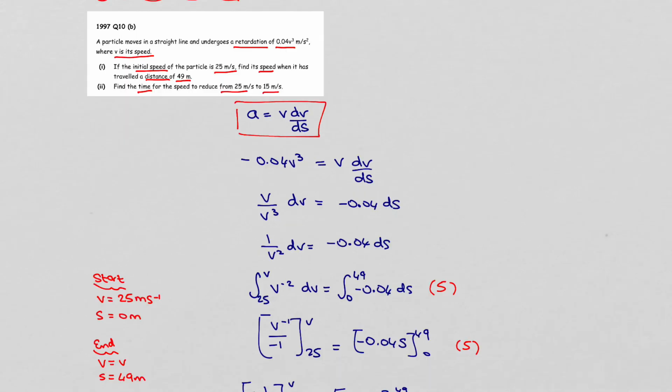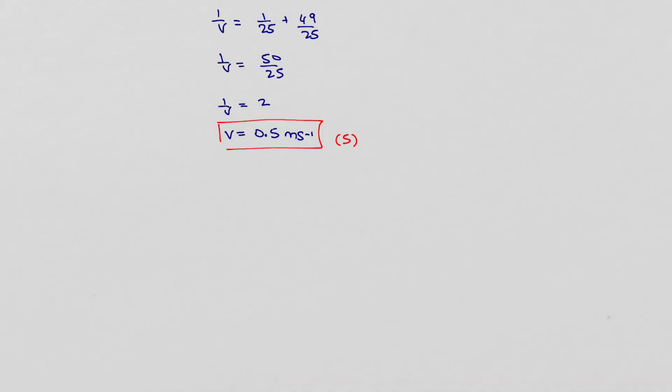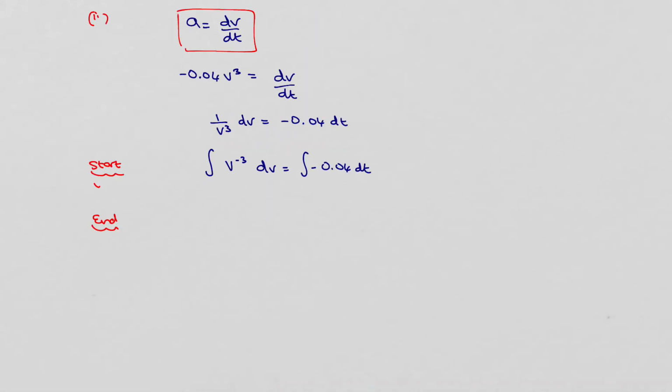The starting velocity is 25 meters per second, and the starting time will be 0. The end time is what I'm looking for, and the final velocity was 15, so t will be t. Again, my end limits are my upper limits and my start limits are my lower limits.